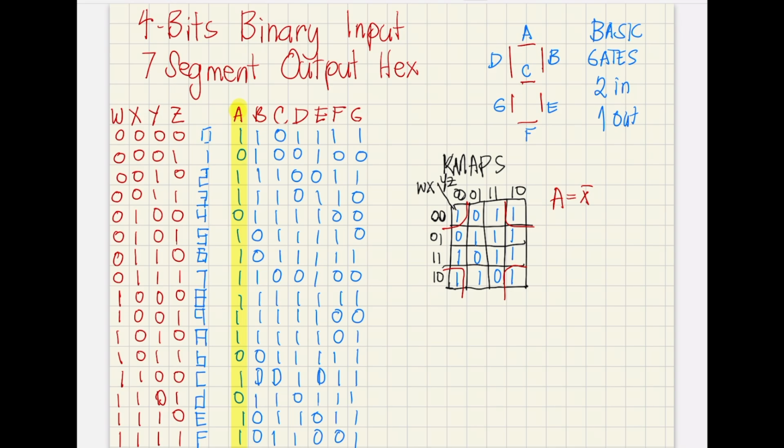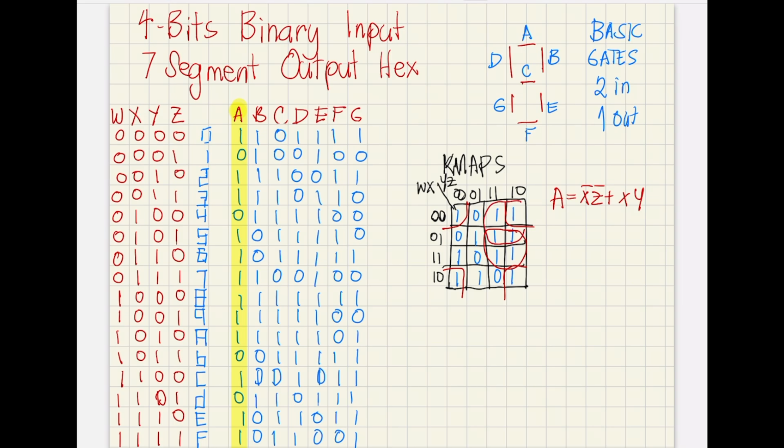So the final equation is A equals, the first circle will be the corner, so that will be X bar Z bar. Remember your derivation. Plus, what's next? I can see a group of 4. The W is eliminated, so that will be X and Y.